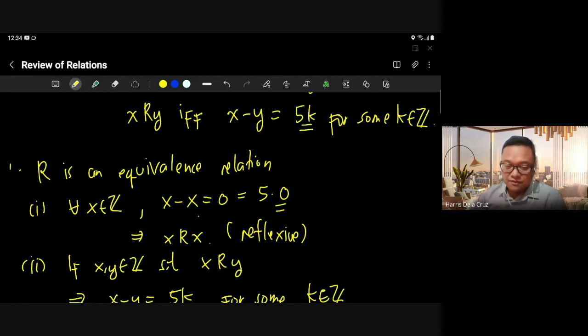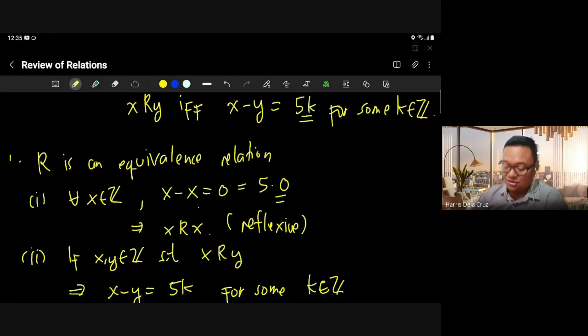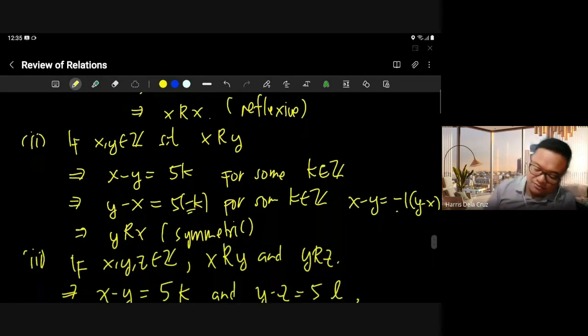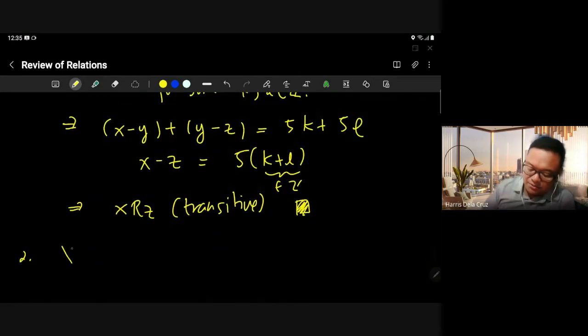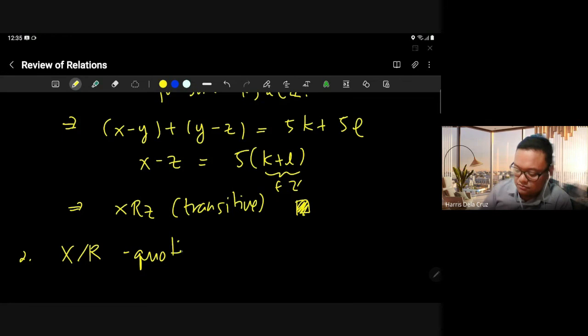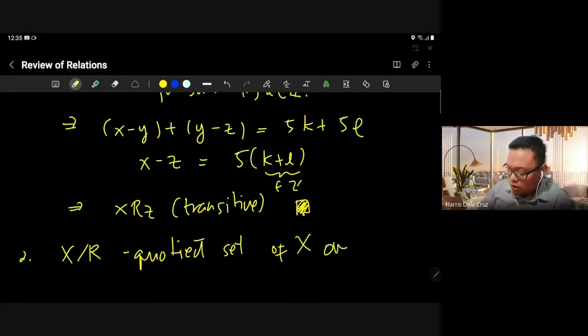So, if it's an equivalence relation, then we can determine its partition using the quotient set. So the quotient set is a partition. So let's determine the partition, that's the quotient set X over R. So ano yung quotient set ni X over R?